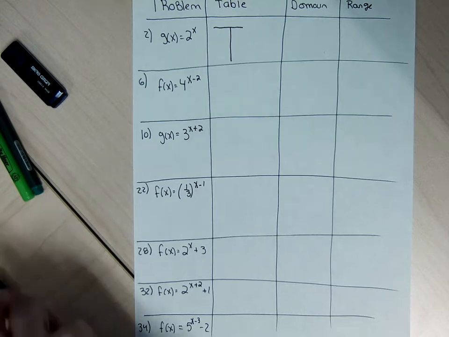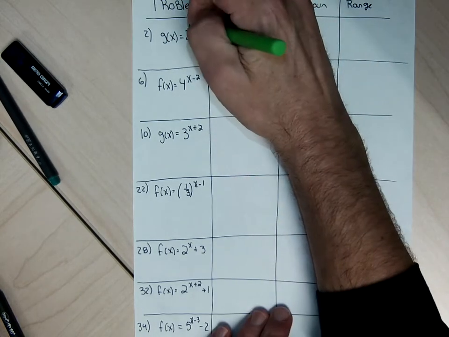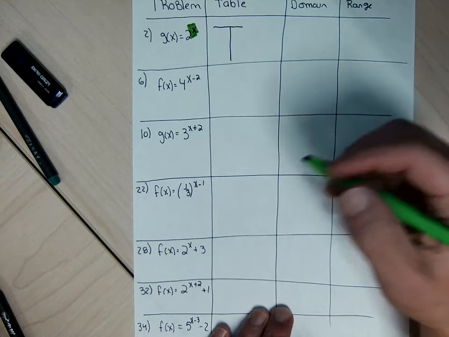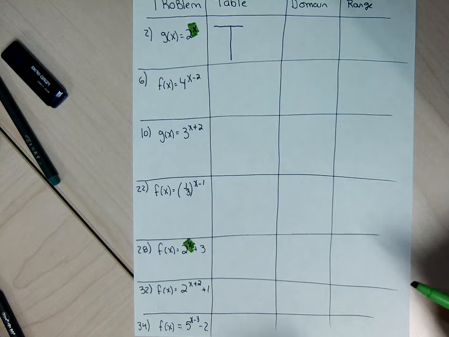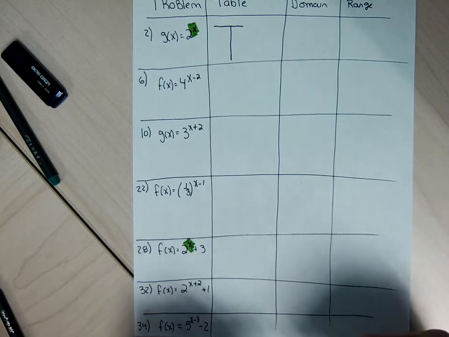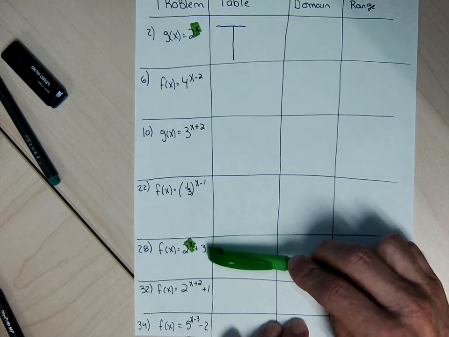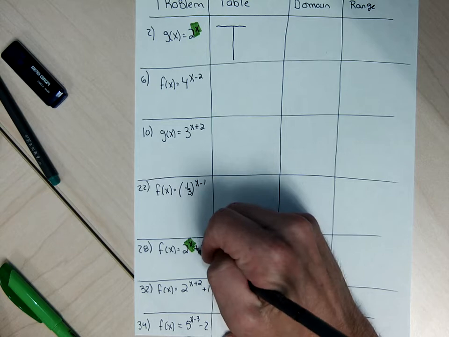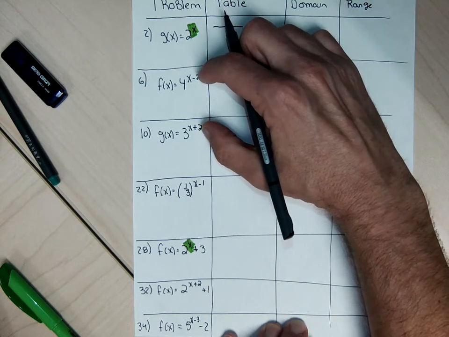If the exponent is just a naked x, like in problem 2, the exponent doesn't have a plus or minus after the x. If the exponent is just a naked x, like it is in problem 2, and like it is in problem 28. In problem 28, the plus 3 is not part of the exponent. It's kind of a base in some sense. In problems 6 and 10, the number that's next to the x is part of the exponent.